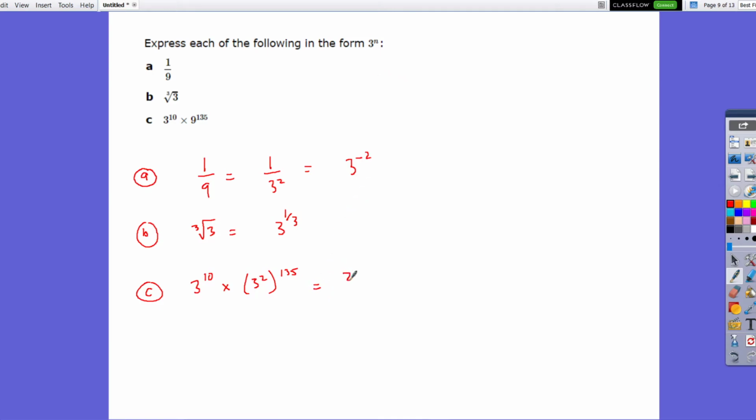This will then give me 3 to the power 10 times, and when I'm getting rid of this bracket, I just multiply 2 by 135, which gives me 3 to the power 270. And when I'm multiplying, I just add the powers. So 270 add 10 is going to be 280. Okay, pretty straightforward standard questions, almost like GCSE style.